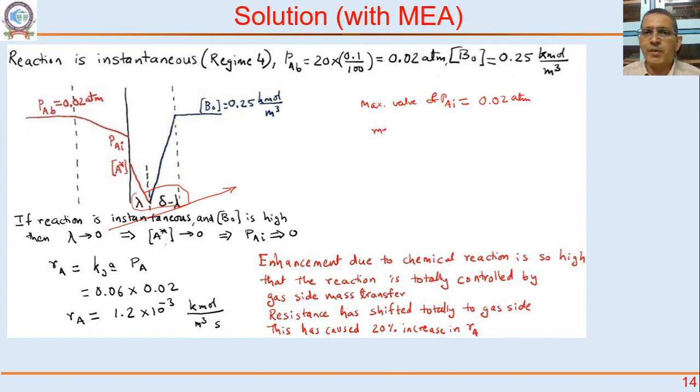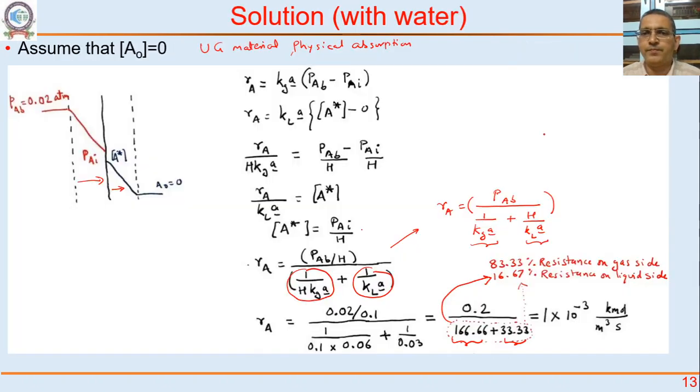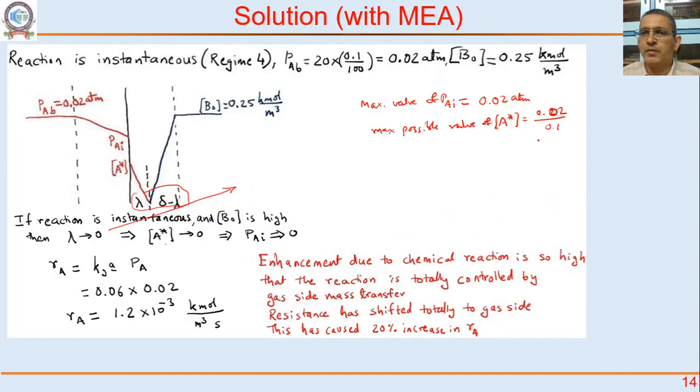What is the maximum possible value of A star? That will be 0.02 divided by H. What is H? 0.1. This would be 0.2.